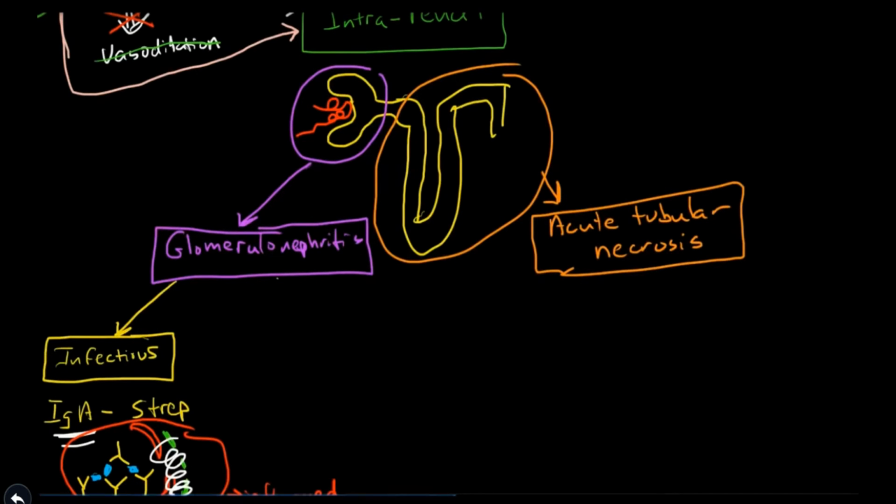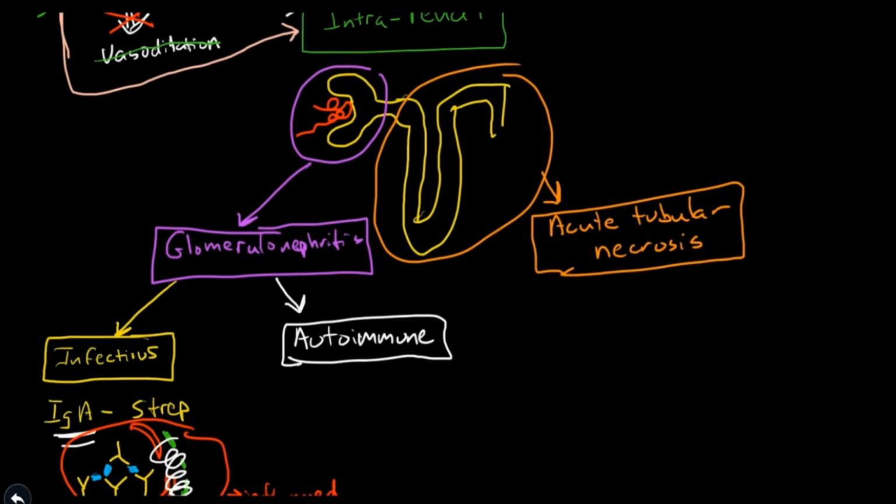Now, the next cause of glomerulonephritis is an autoimmune reaction, and this is very similar to the infectious reaction, except the immunoglobulins are not binding with proteins from bacteria. They're binding with self-proteins.